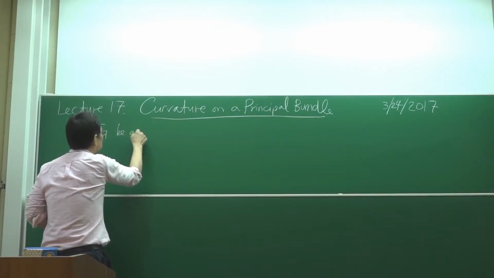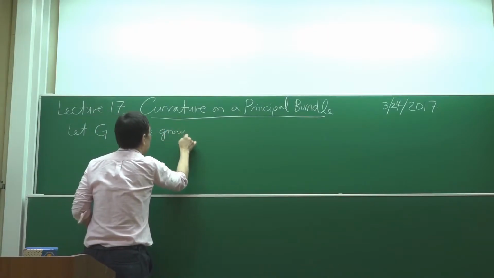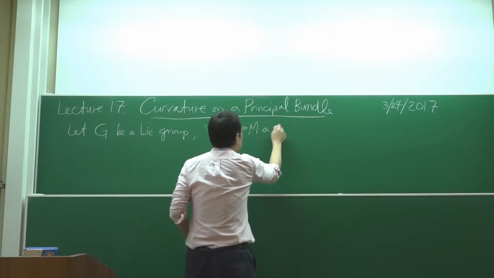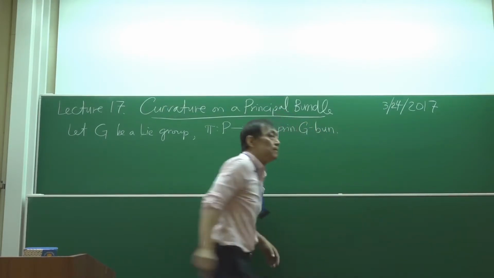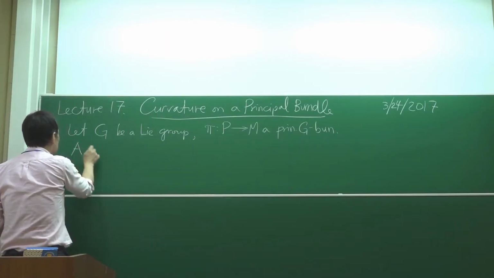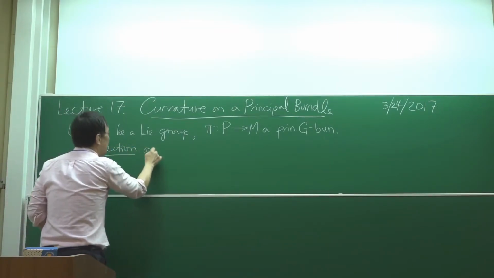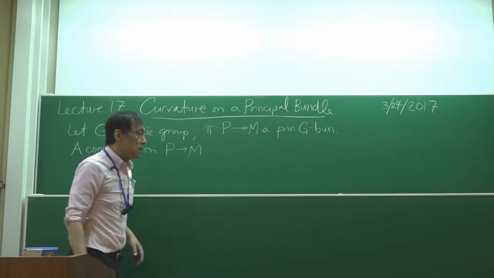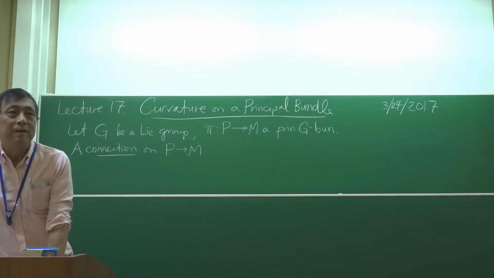Let G be a Lie group, and P a principal G bundle. Now a connection on P, it could be one or two things, right?